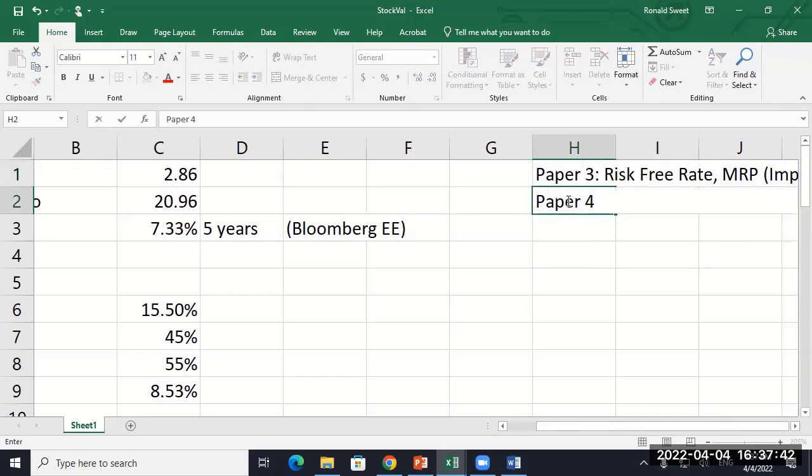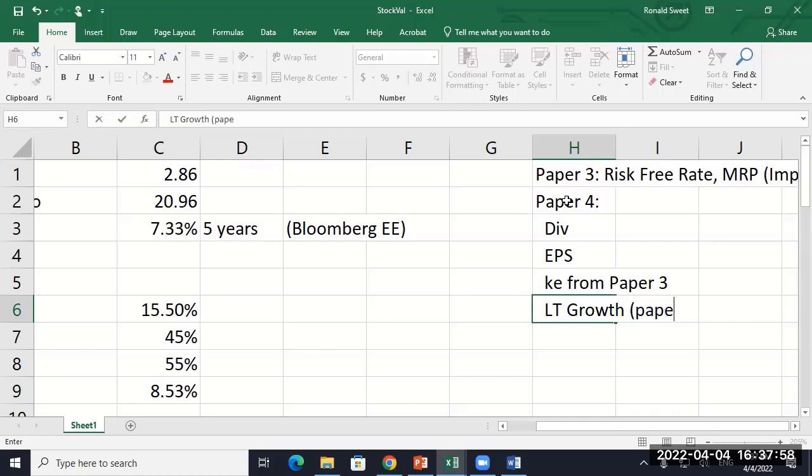Paper 4, what do we need? You need a dividend, earnings per share. You need your KE from paper 3. You need a long-term growth, also probably from paper 3. You need a short-term growth.